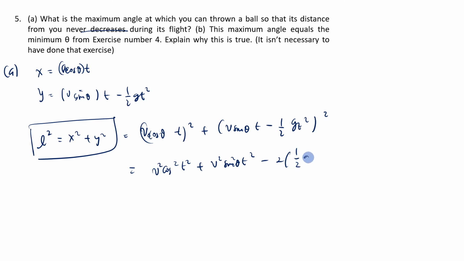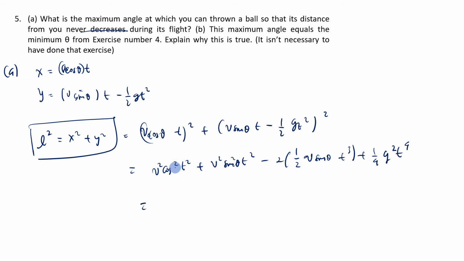Okay, and we can do 1/2 v sin theta t cubed and plus 1/4 g squared t to the 4.